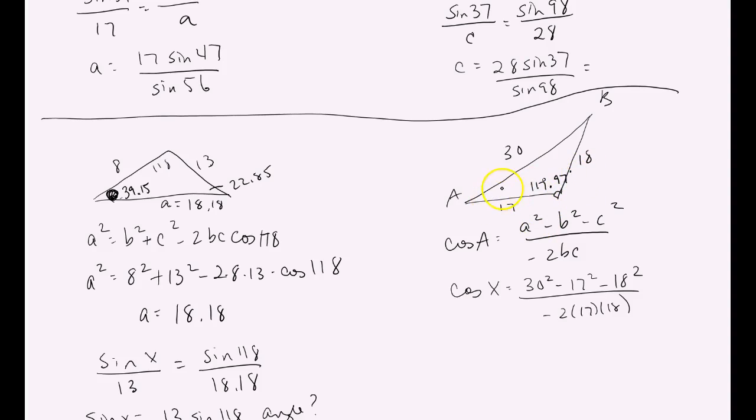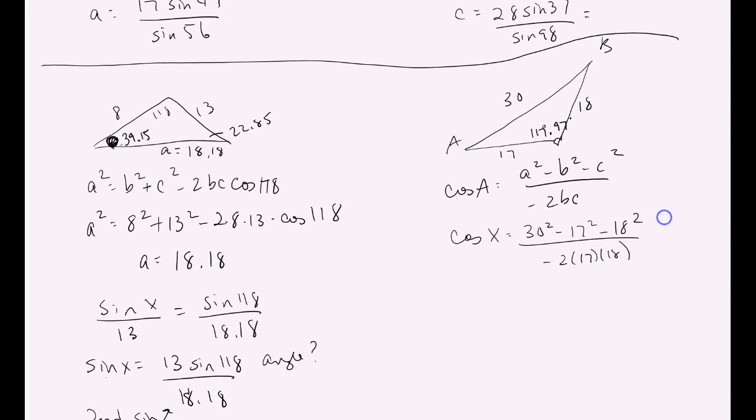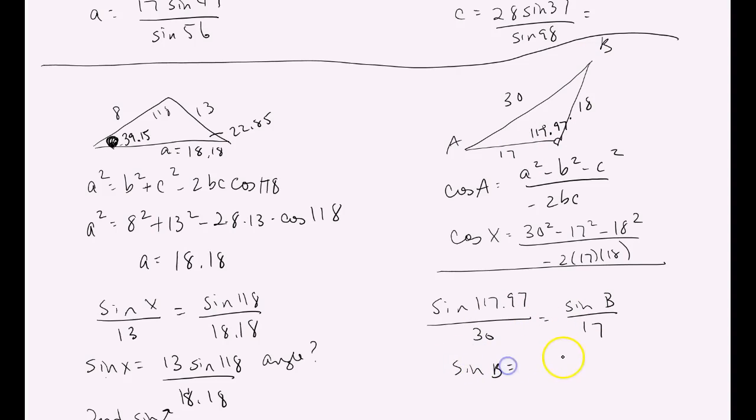And now if I want to find either of these two, now that I have a relationship where somebody's across from somebody, I'm going to jump into my law of sines. I don't need to do law of cosines again. If you did law of cosines again, that's okay. But you don't have to because now you have an angle to work with. Let me go after B, angle B across from 17. So I'm going to cross multiply these and get that the sine of B is 17 times the sine of 117.97 over 30.